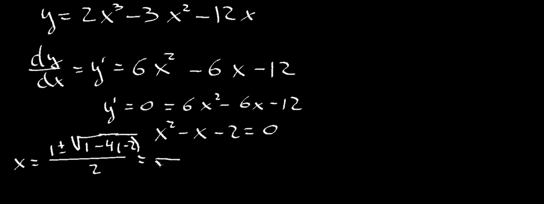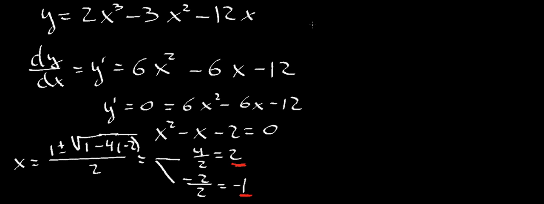That is going to give us two solutions. 1 plus root of 9, which is going to be 1 plus 3, 4 divided by 2, which is 2, or 1 minus 3, which is minus 2, divided by 2, so the second value is minus 1. These two values are my two turning points. This is the x value where the function is going to be changing.